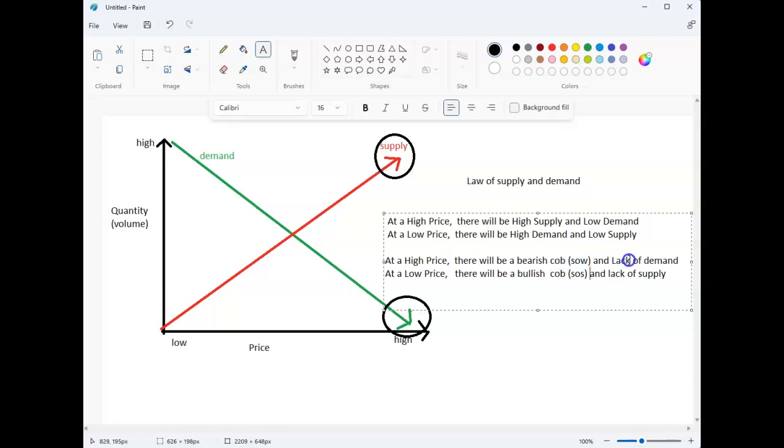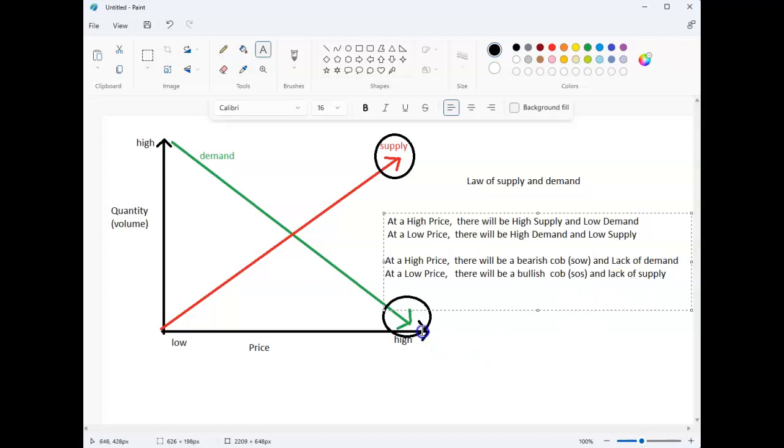It's just whatever it's called. It's the same exact thing, right? And what else is really important is that at a high price, there will be a bearish change of behavior, meaning a sign of weakness and a lack of demand, creating a turning point.